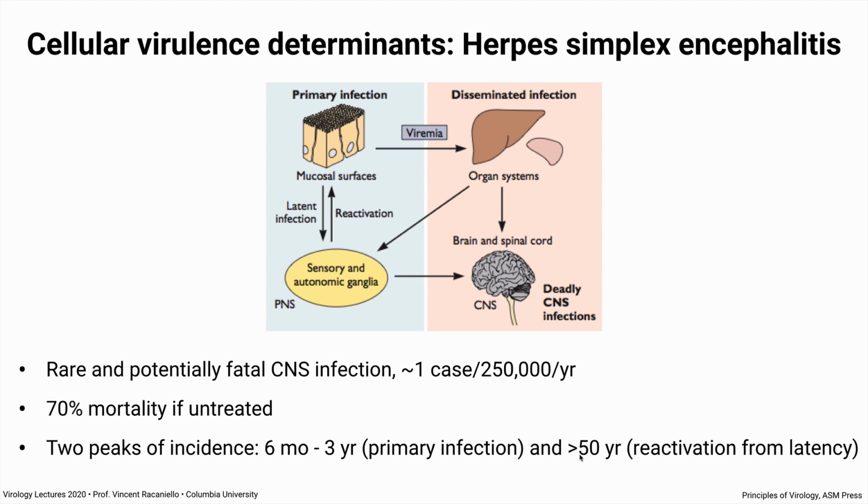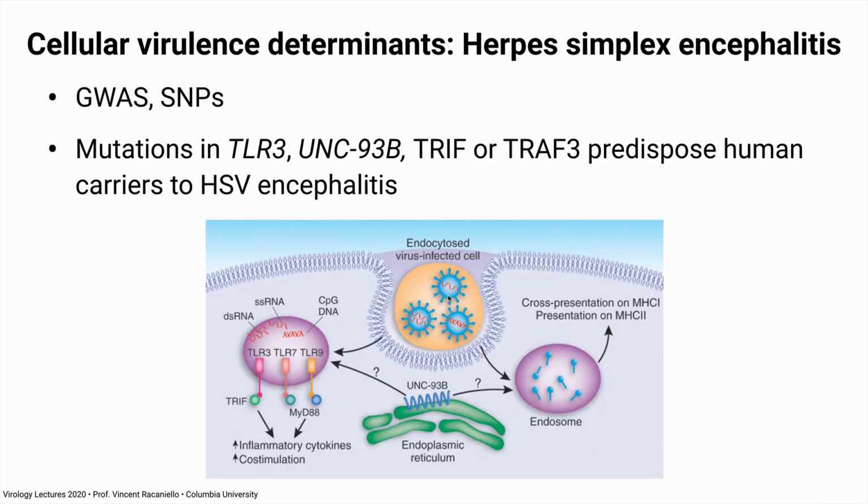So what was done was to collect a number of individuals who had experienced this herpes encephalitis and who had recovered, and to do their genome sequence. This is called a genome-wide association study, where you sequence the genome of an individual or a collection of individuals with serious viral disease, and you compare them to individuals who have had herpes infections but didn't experience encephalitis.